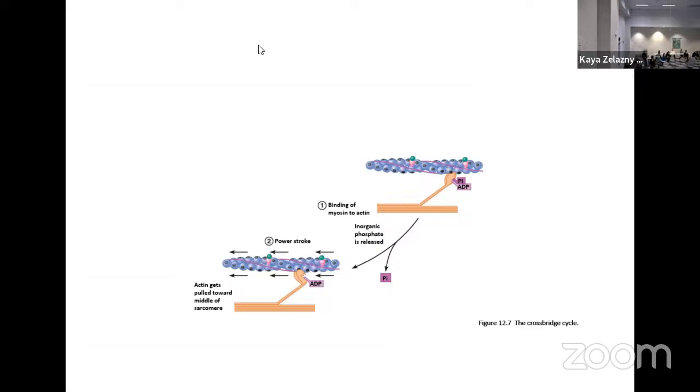So when we see this power stroke, we move our actin towards the center of the sarcomere because now we've changed this shape here. You can see that now we have a bend. That cross bridge is bent in. And we don't have a phosphate ion bound here anymore, which is why we have that shape change.